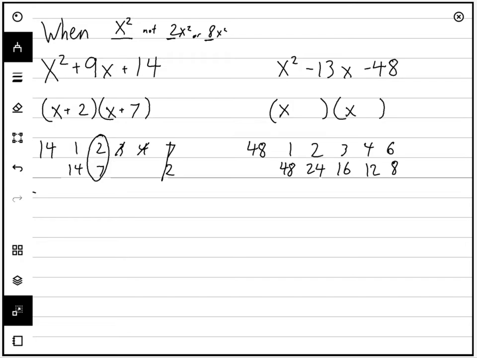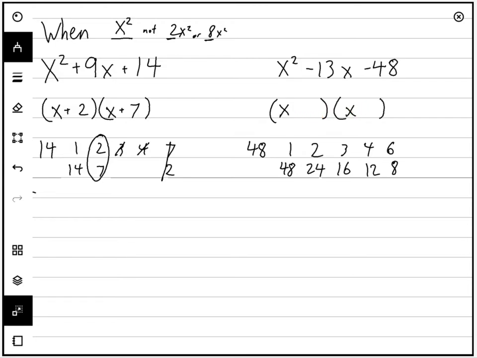So this problem is going to be a little bit different because we have negative 13 and negative 48. That means when we multiply the two numbers, we're going to get negative 48, and if we add them, we're going to get negative 13. Since this last part is a negative, one of these numbers is going to be negative.